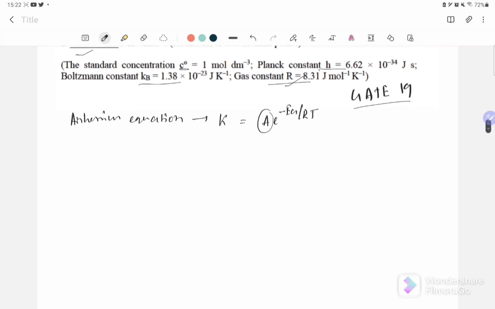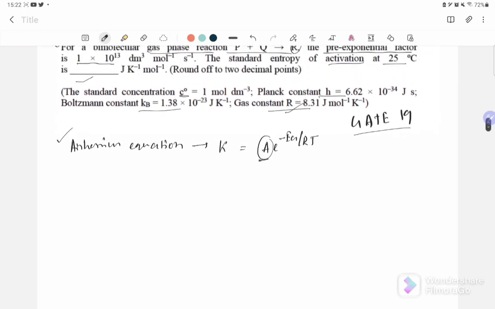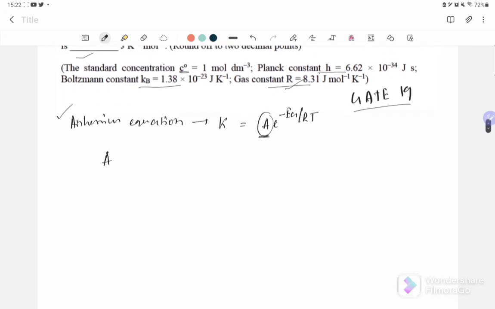So, from activated complex theory, we know that A will be this pre-exponential factor. A will be from activated complex theory.